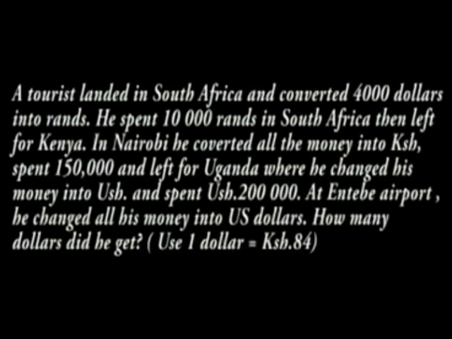Now in the solution, I'm going to use the exchange rate of 84 Kenya shillings per US dollar. So the first thing I'm going to do is convert the 4,000 US dollars into Kenya shillings first, and then the Kenya shillings into rands. Why? Because I do not have a direct exchange rate between the US dollar and the South African rand.